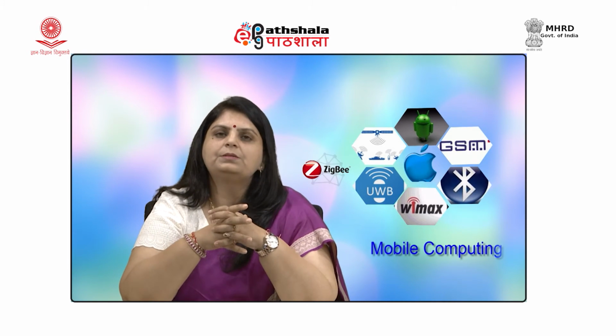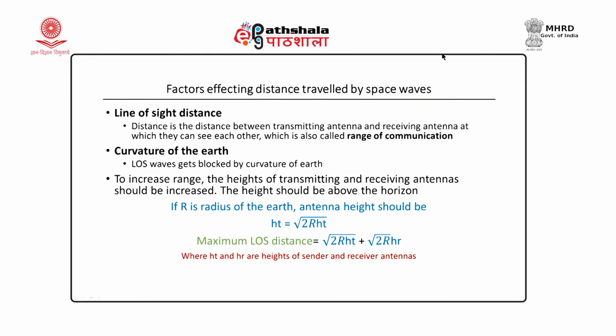So, the simple principle applied here is that, to increase the range, the heights of the transmitting and receiving antennas should be increased. So, what should be the ideal height? If r is the radius of the earth, the distance should be under root of 2r ht, where ht is the height of the transmitting antenna.